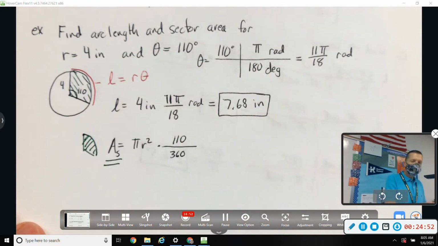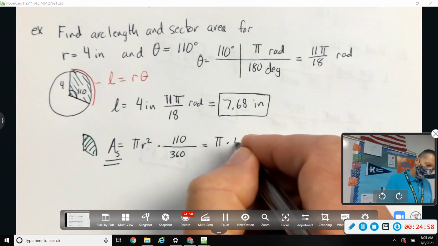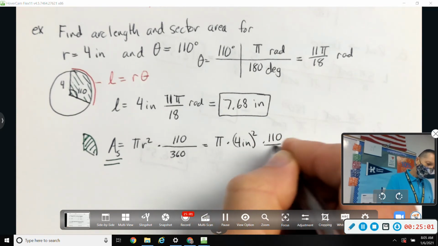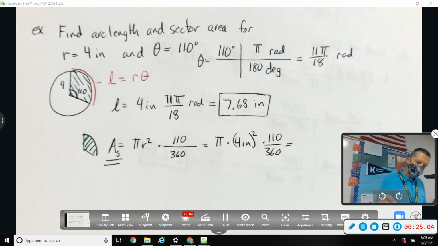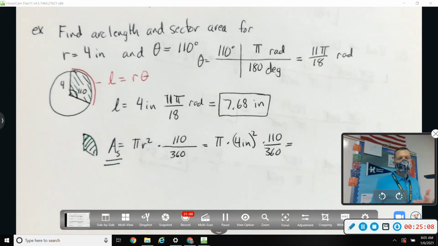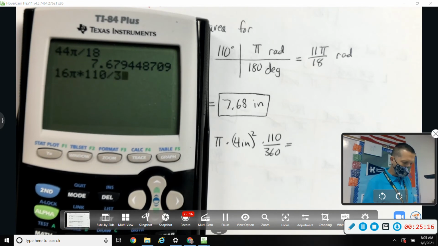That's a large piece of pie though. So pi times 4 inches squared times 110 over 360. Again, that's an answer that's correct, but not real helpful, so I want to put it in the calculator. 16 pi times 110 divided by 360.